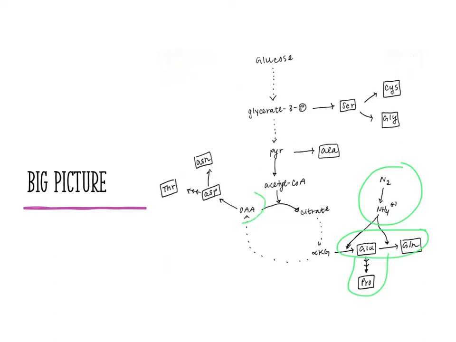Today we're going to be over here and here, and then finally in the last video we're going to get to serine, cysteine, and glycine. So again, we're going to be making these four amino acids: alanine, aspartic acid, ASN, asparagine, and threonine. So let's get started.